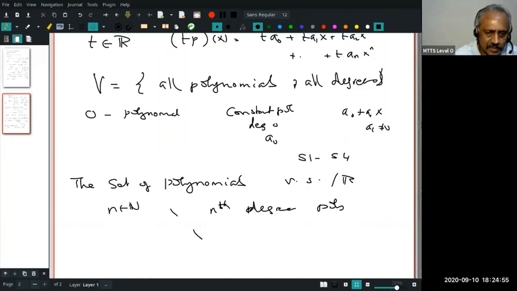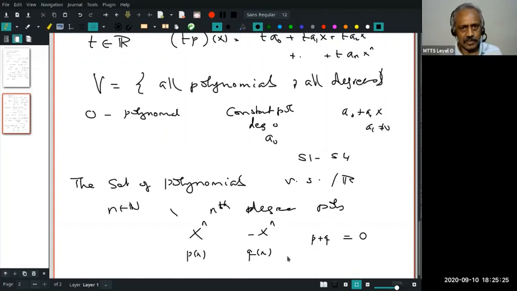Because if I take, for example, x^n, this is an nth degree polynomial. Take minus x^n, where the coefficient is minus 1. It's also an nth degree polynomial. Call this p(x) and this q(x). If I add, what do I get? p plus q is the zero polynomial. But I am taking only nth degree polynomials, therefore this cannot be there. Therefore, it's not closed under vector addition. The sum of nth degree polynomials may not be an nth degree polynomial.